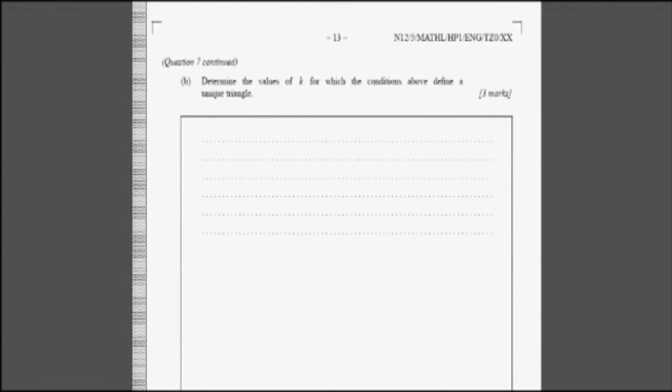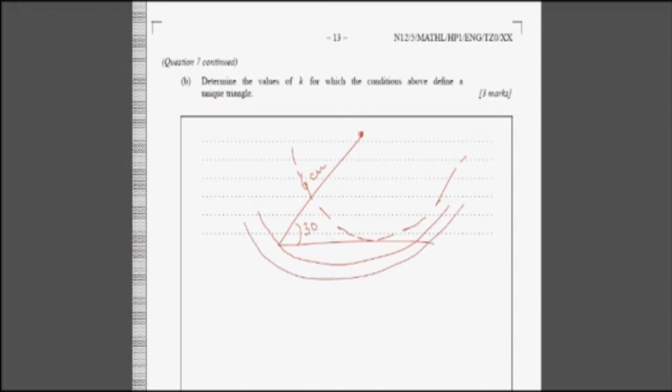Next is determine the value of k for which the conditions above define a unique triangle. So how do you usually draw the information here? You draw a line and you draw 30 degrees here, and then you draw 6 centimeters. That's how you do it. And from this 6 centimeters you need to draw a curve, so that it either touches it or cuts it exactly once.